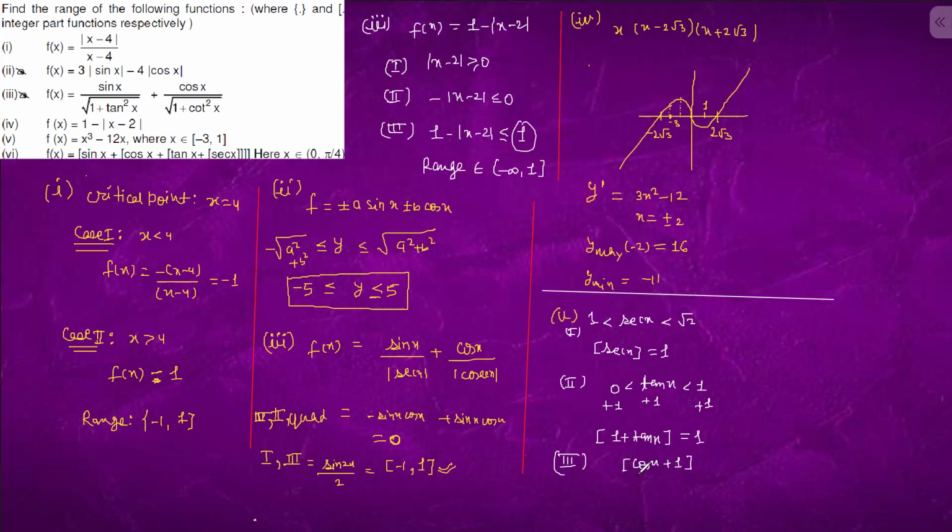Cos x is 1 minus, so 2 minus, and 1 plus 1 by root 2. So 1 by root 2 is root 2 upon 2, which is 0.7, so 1.7. So greatest integer is 1.